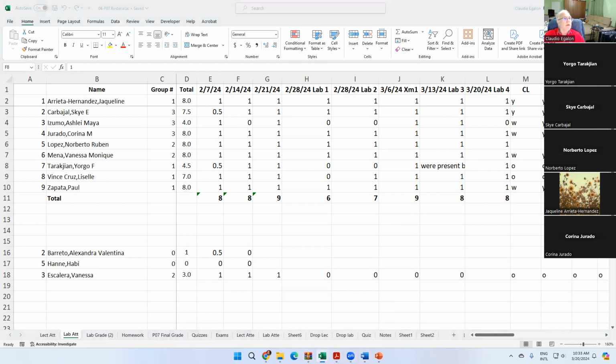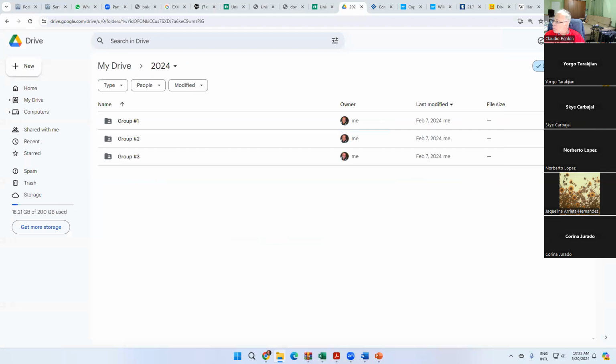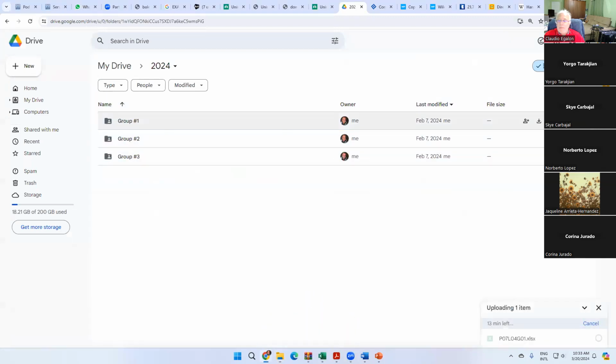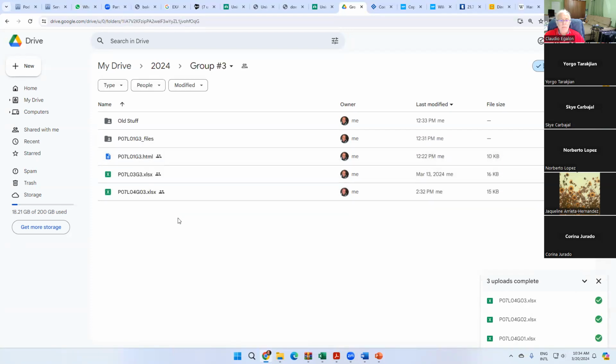Okay, so I need to close this one, and now I can upload those files to your group. Group 1, download the file for lab number 4. Group 2, download the file for lab number 4. Group 3, download the file for lab number 4. Lab 04, okay?